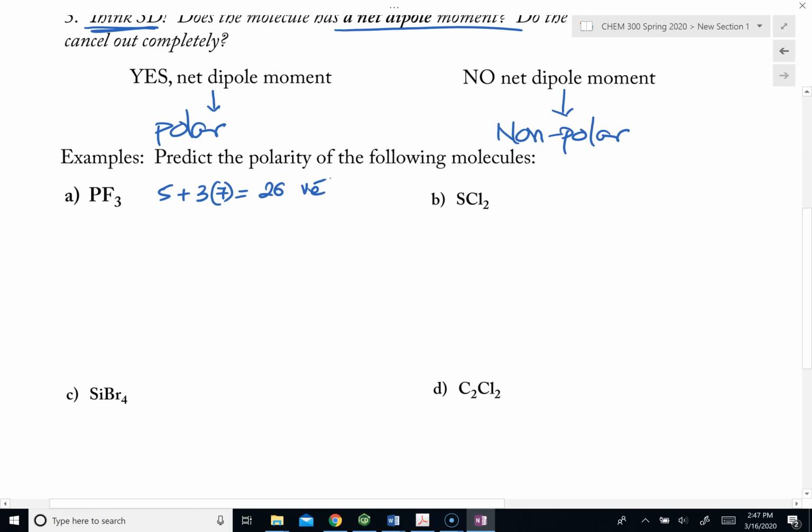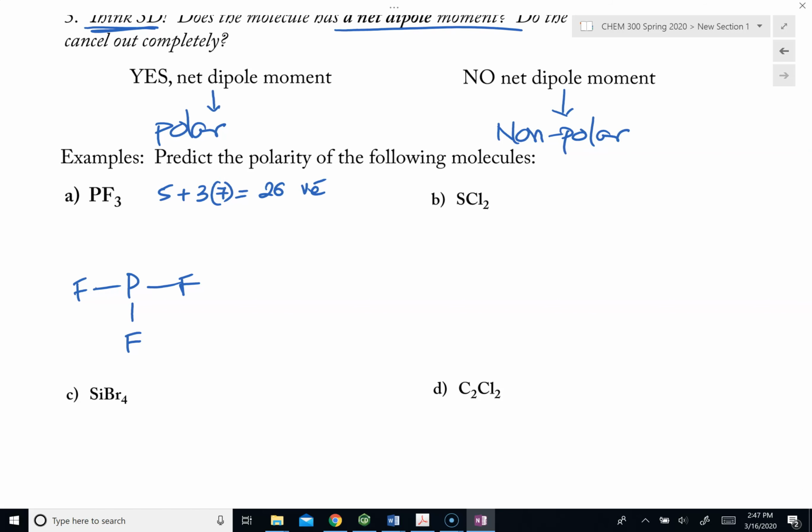And because phosphorus can make more bonds than fluorine, and it is also present in a smaller amount, we know phosphorus is the central atom, and the fluorine will then be our terminal atoms. So we're going to put them together by drawing this skeletal structure. And again, remember to put the 3 fluorine symmetrically.